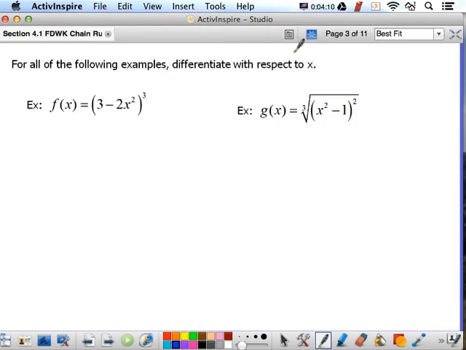So for our first example, we want to look at f of x equals 3 minus 2x squared quantity cubed. So we have a binomial inside of a parenthesis to a power on the outside.